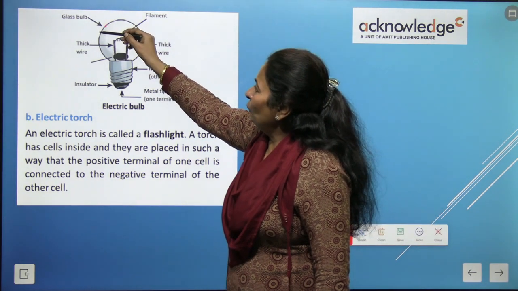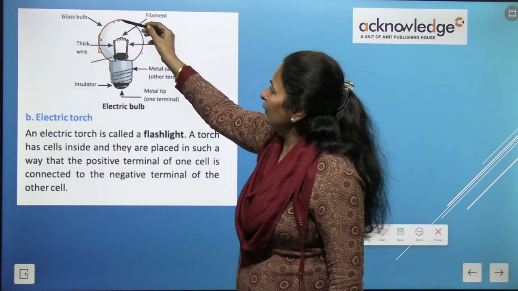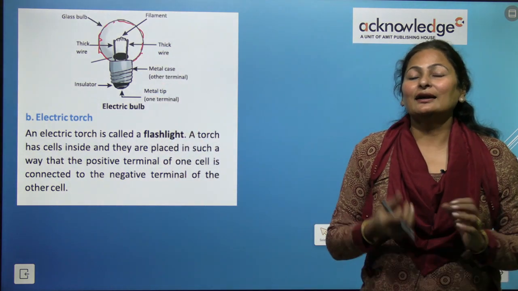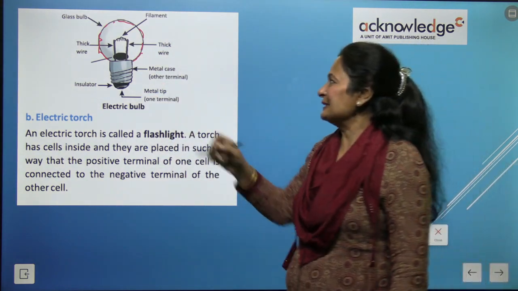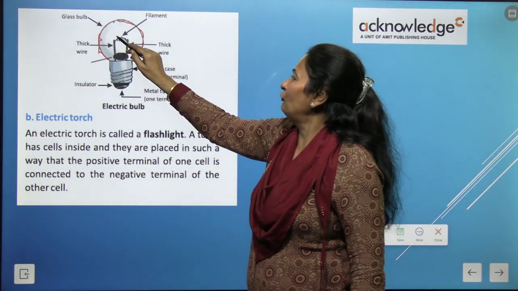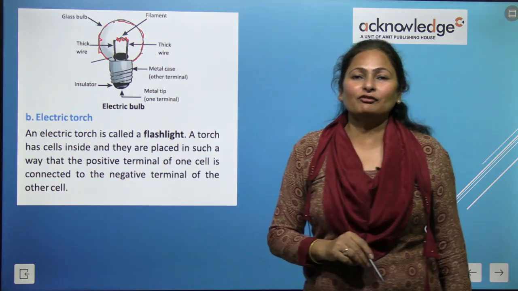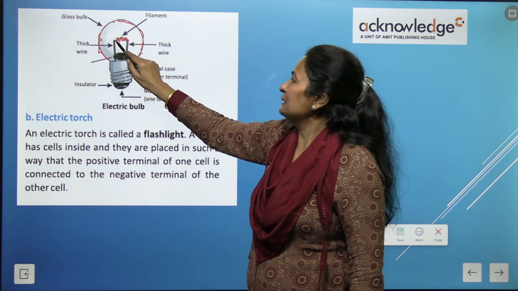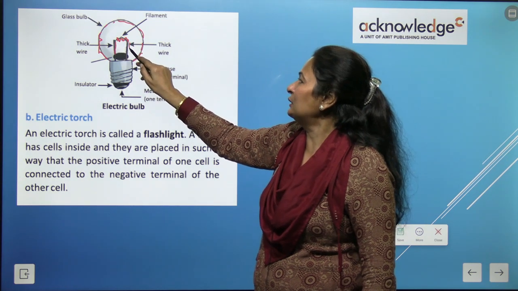Now understand with this image again. This is the outer covering. It is made with, I told you, glass. Fantastic. It is made with glass and it has the filament. It is the tungsten filament. It is coiled, right? It is fixed with two thick wires.